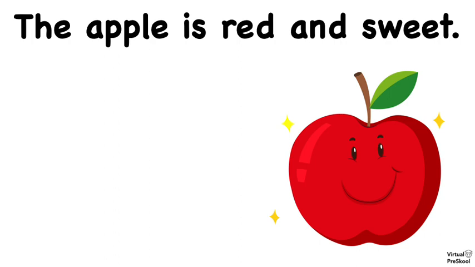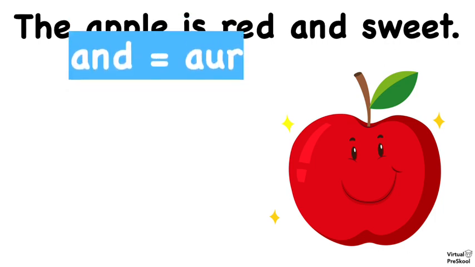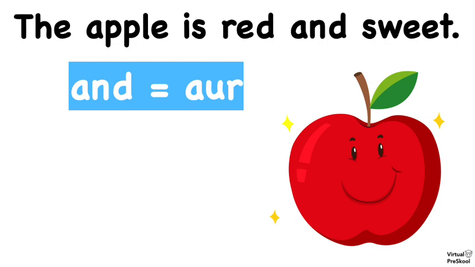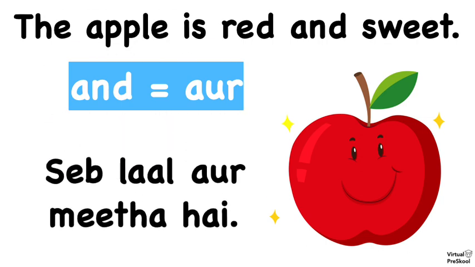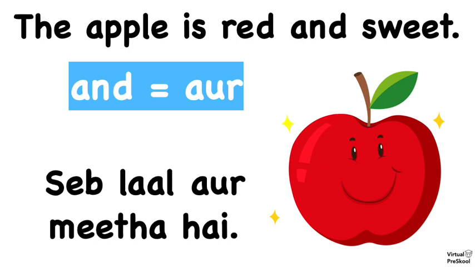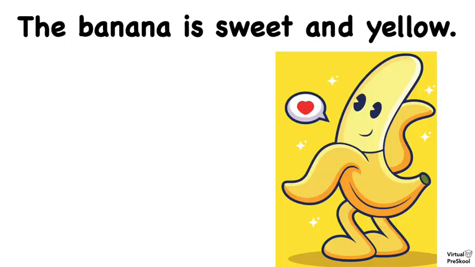Let's do this one. The apple is red and sweet. You know how to say apple, red, sweet. Just don't forget and. So what would the sentence be? Seb laal aur meetha hai. Let's do this one.